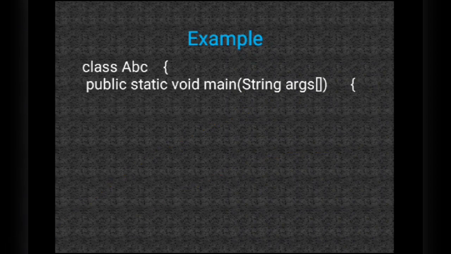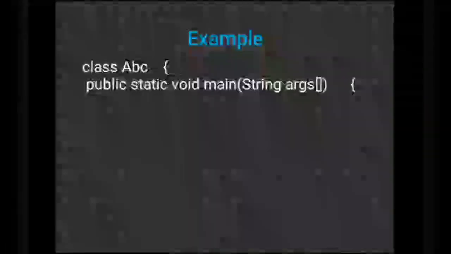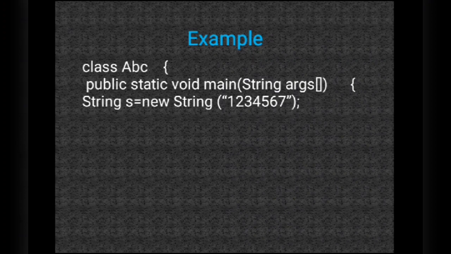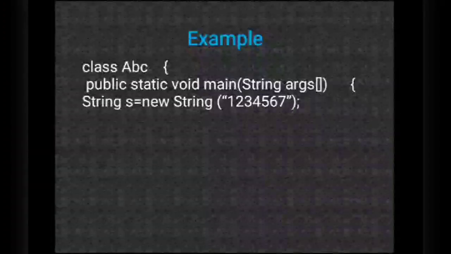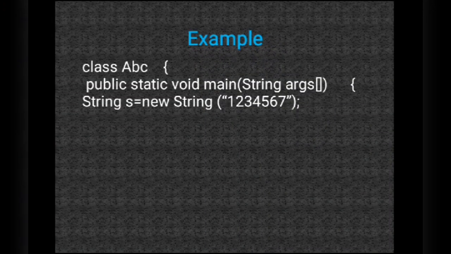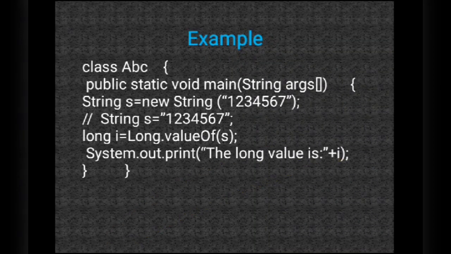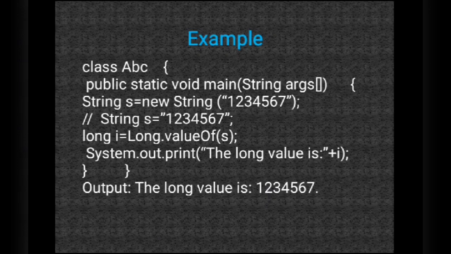I always take a similar example so that you can easily find the difference in how the values change. Here we declare a string, create the object of the string and pass that value over here. Now you apply this method where Long.valueOf will return the long value. The final answer will be 1234567.